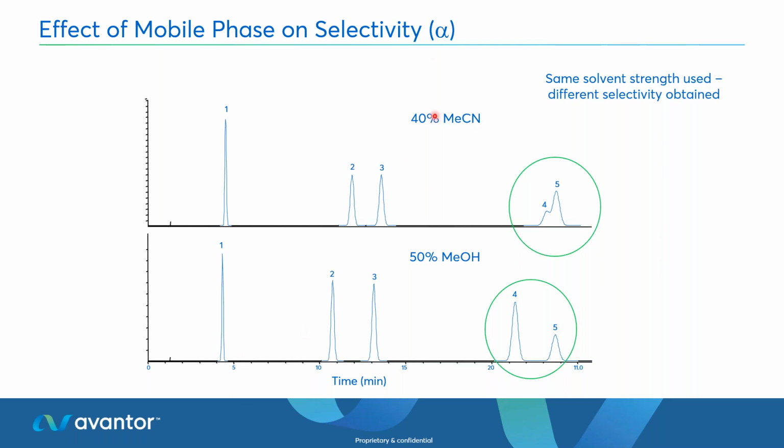So here we've matched up the solvent strength approximately, and with acetonitrile we get coelution of peaks 4 and 5, but when we use methanol we get a nice separation. And this can be really powerful for your method development, because now there are other properties that the solvent has that are helping change selectivity and pull my peaks apart.